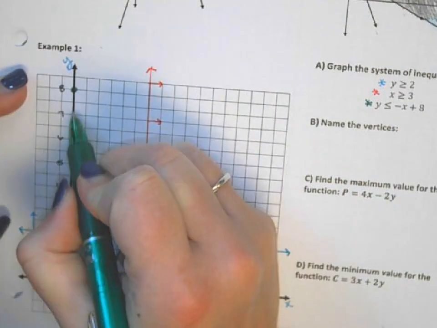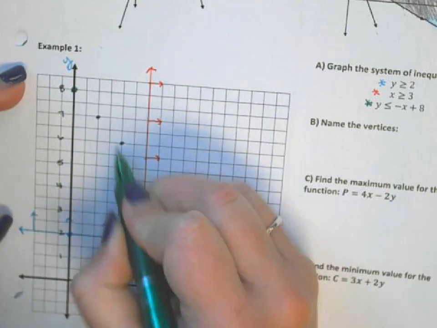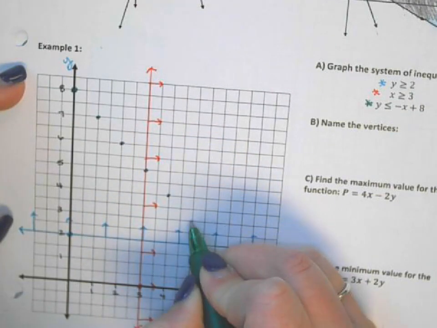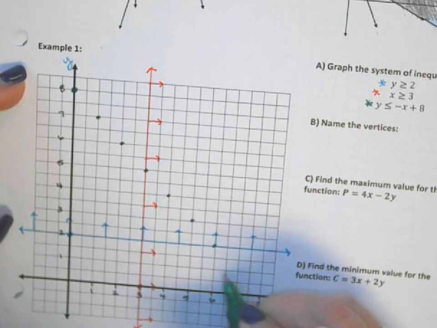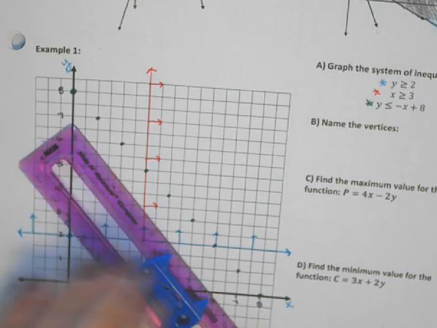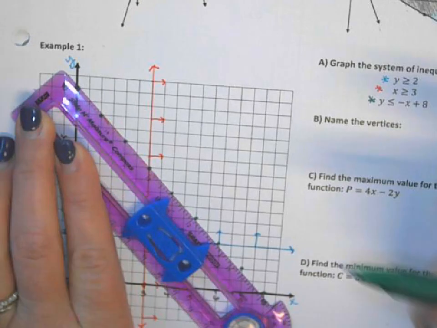So I'm going to go down to 7, right to 1. Down to 6, right to 2. Down to 5, right to 3. And I'm going to keep going until I run off my graph. Then I can connect these with a solid line because it's or equal to.